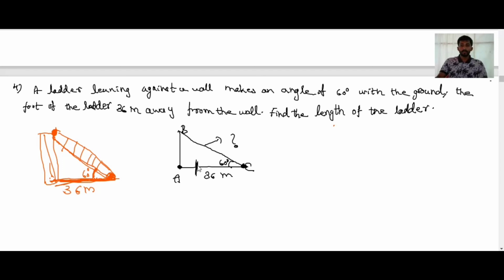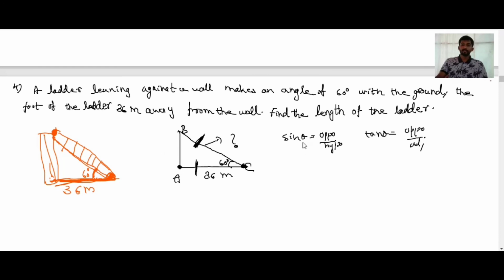Adjacent length is given and you need to calculate the hypotenuse. Okay, here no need to use the opposite side, right? Sin theta formula is equal to opposite side divided by the hypotenuse. See the tan theta formula, it's equal to opposite by the adjacent. Okay, but here opposite side is not given.